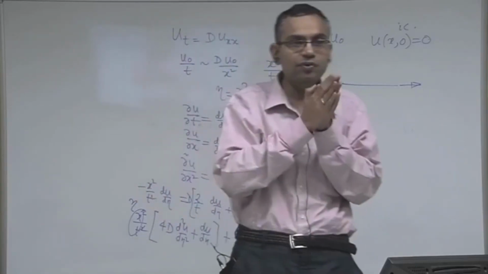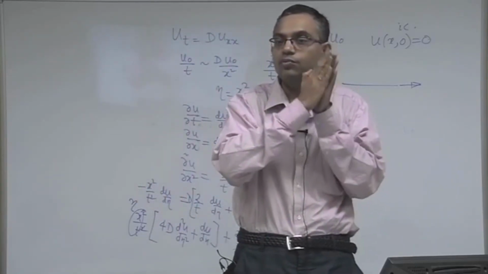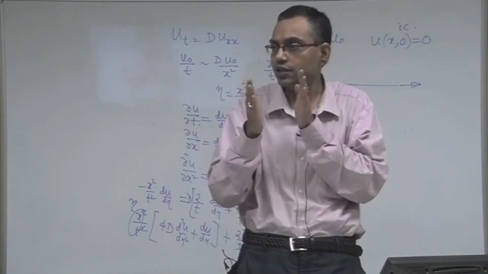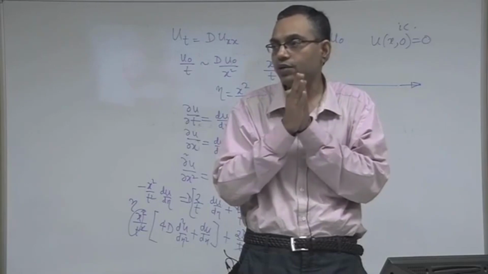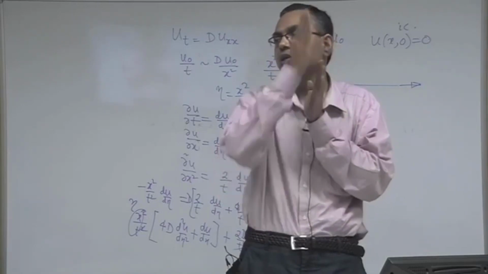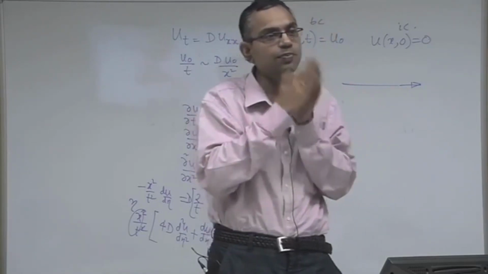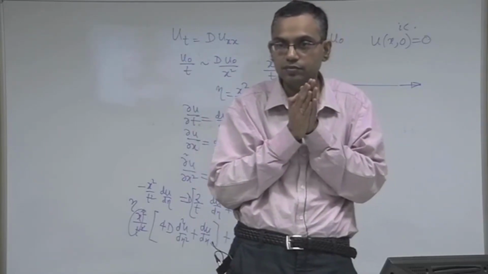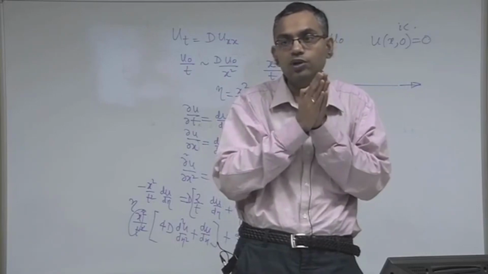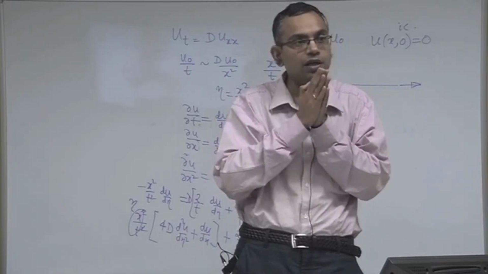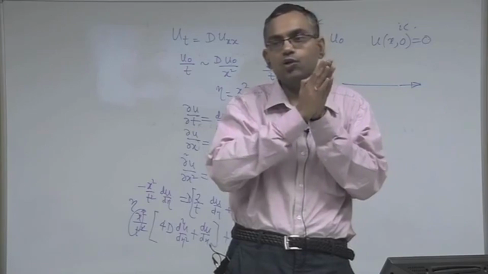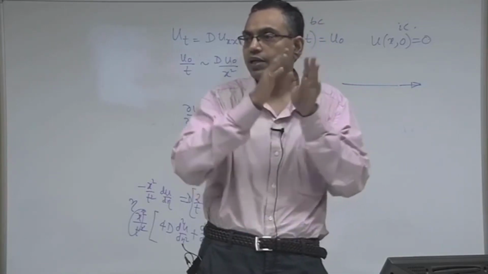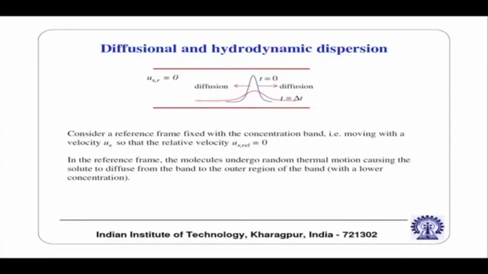So even if you are moving with a reference frame translating with the average flow velocity, with respect to that you will also see some dispersion, and that is possible because you have a transverse velocity profile. But broadly, in a moving reference frame you absorb the advection effect and mainly study the diffusion phenomenon.